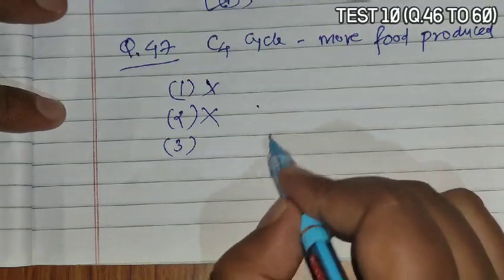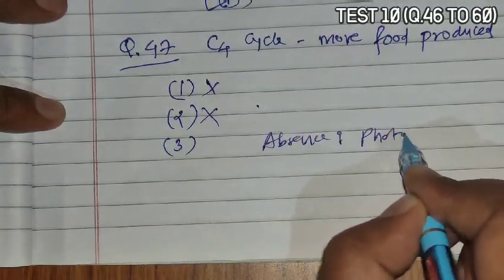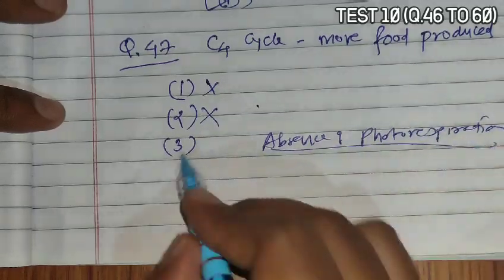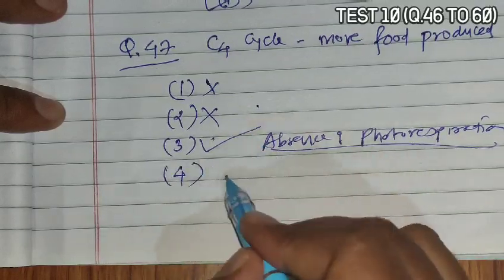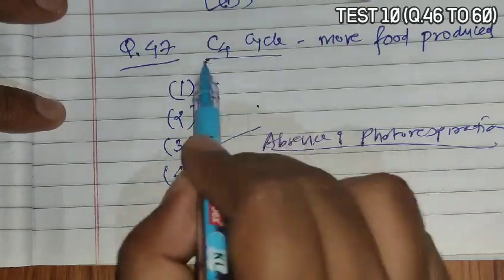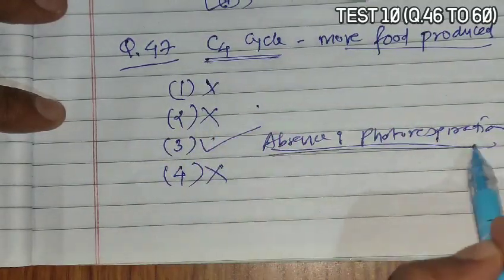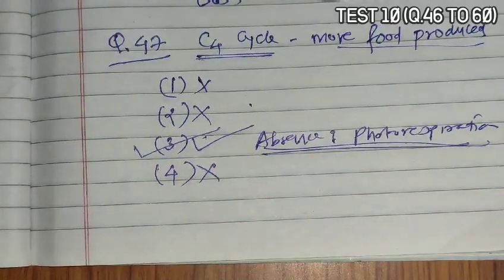Option 3, absence of photorespiration. Yes, due to the absence of photorespiration the loss of CO2 does not occur, so that is the correct answer. And 4th, the enzyme Rubisco is present in C3 plants as well, so that cannot be the characteristic of the C4 cycle for more food production. So the absence of photorespiration is the correct answer for question 47.